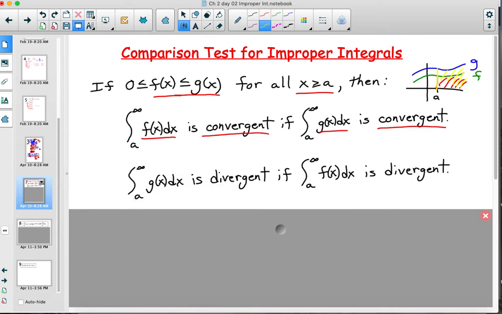If the integral from a to infinity of f diverges, and g is greater than f, then certainly the area from a to infinity for g is also going to diverge.